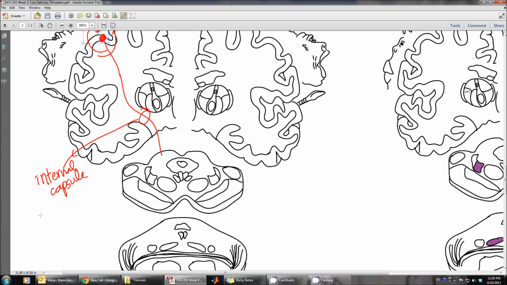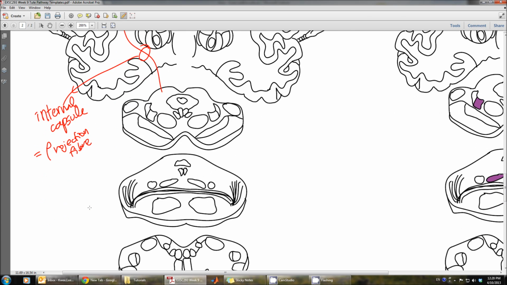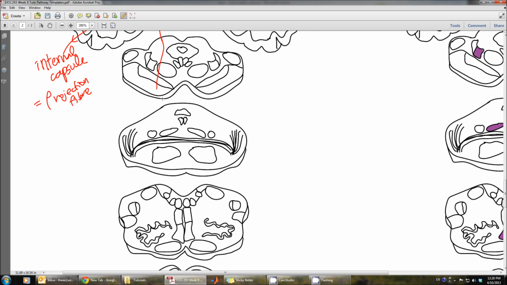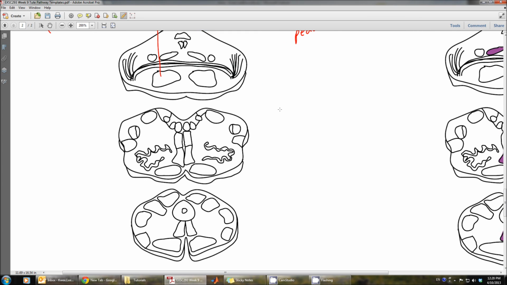That's an example of a projection fiber in the brain. This axon goes through the anterior part of the brainstem. First it goes through the cerebral peduncle. And second, it goes through the pyramids in the medulla. So that's the medullary pyramids, this area.